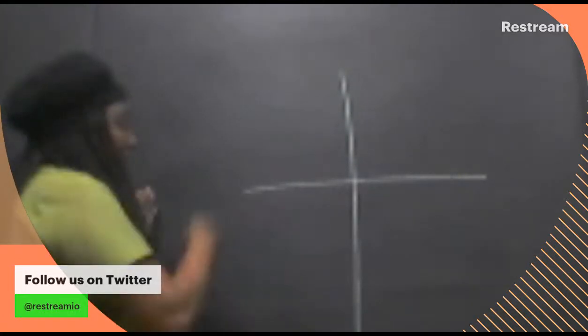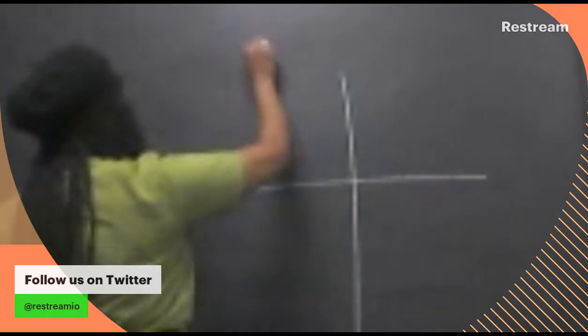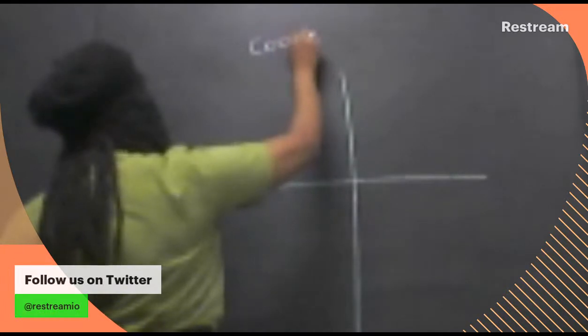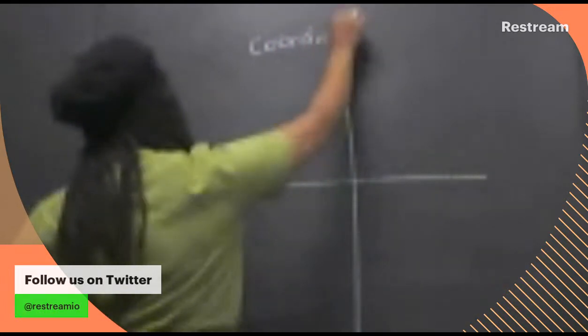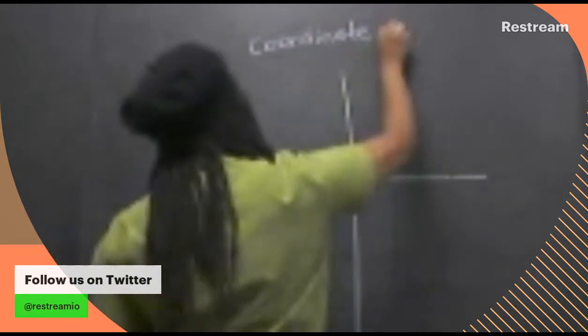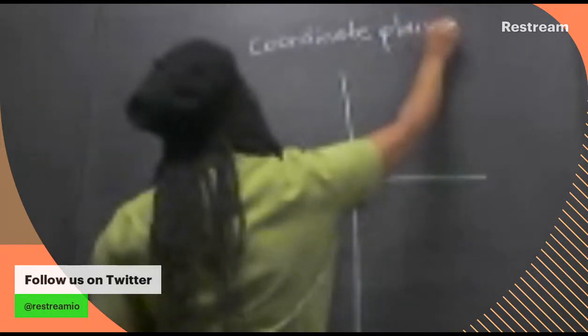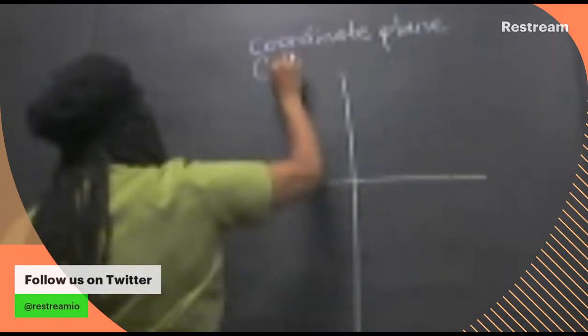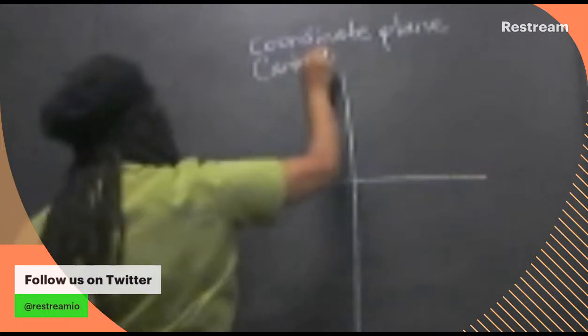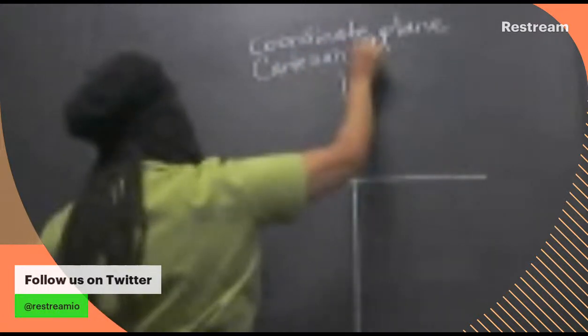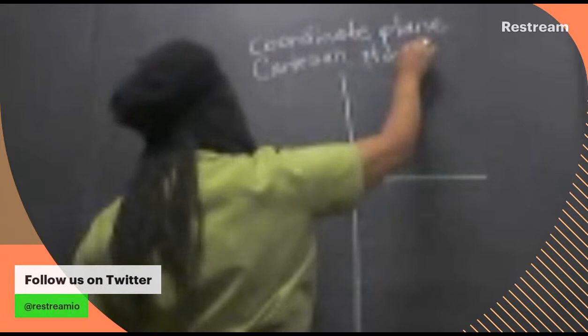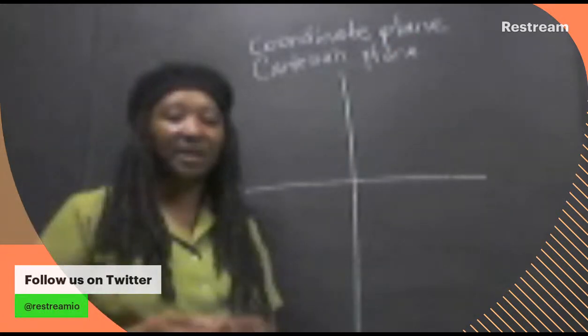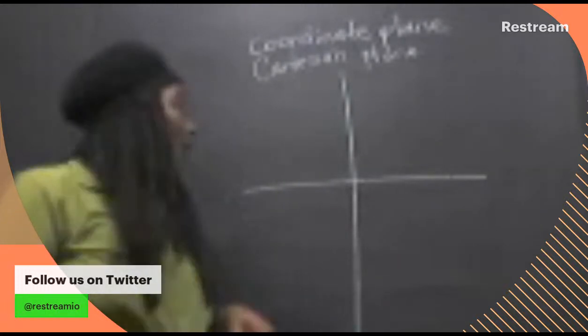So this is the coordinate plane, also called the Cartesian plane, named after René Descartes, who was a French mathematician.